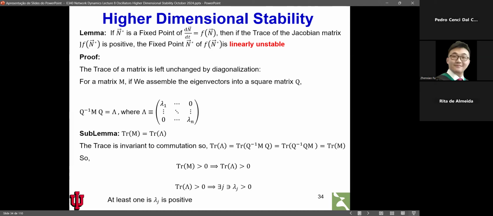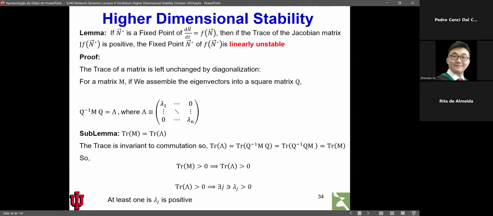You see, I'm not saying that if the trace of Lambda is negative, it means that there is not a lambda j which is larger than 0.